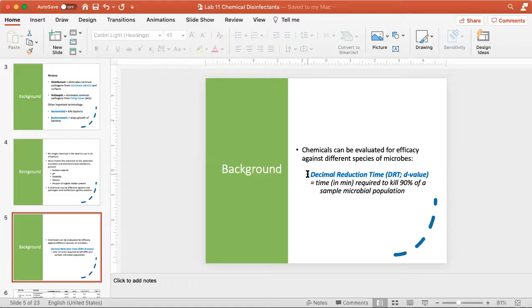So this is defined as the time that it takes, and it's specifically in minutes, the time that it takes to kill 90% of the microbes in a particular spot, in a particular location. So that's the decimal reduction time. The time that it's going to take for that chemical to kill 90% of the microbes in that situation.